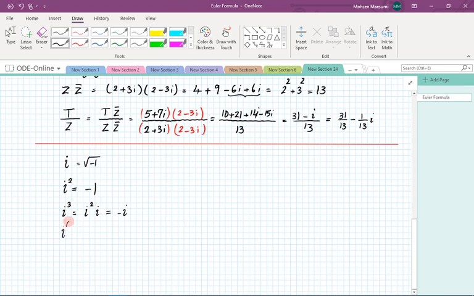How about i to the 4th? Well, you can think about it as i cubed times i, or i squared times i squared. That is perhaps easiest to think about it like that. So -1 times -1, that's going to be +1. Isn't that interesting? There's a number that when you raise it to the power of 4, it becomes 1, but that is, to begin with, it's not 1 itself.